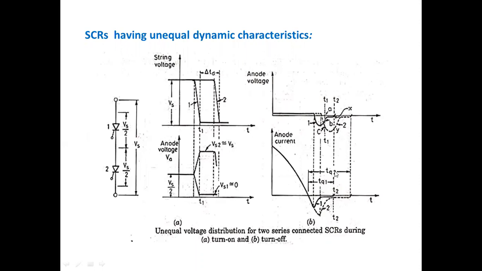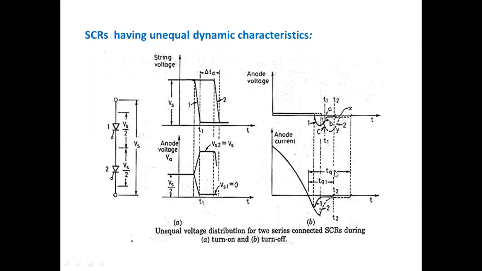To equalize the voltage distribution during the turn on and also the turn off process. Static voltage equalization brings the SCR1 voltage V1 and the SCR2 voltage V2 equal, V1 equal to V2, therefore equal voltage distribution. But here it is not happening like that.